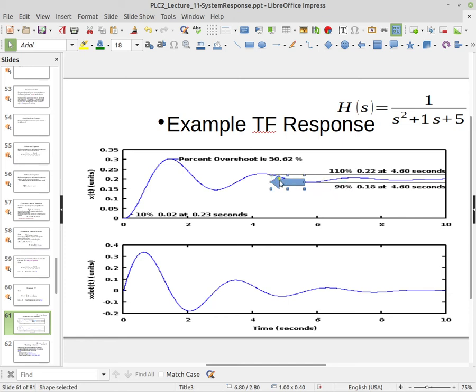So this is an example where it's bouncing around a lot, and we're going to call the settling time ending right here at this point where the response gets within those two black lines. It may still bounce around for quite a while, but we're going to call that the settling time.